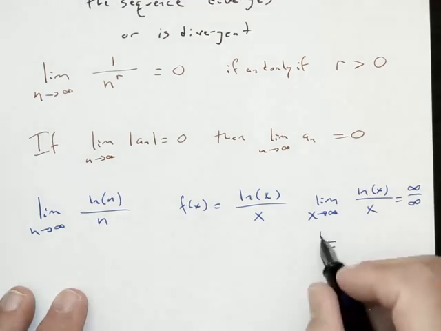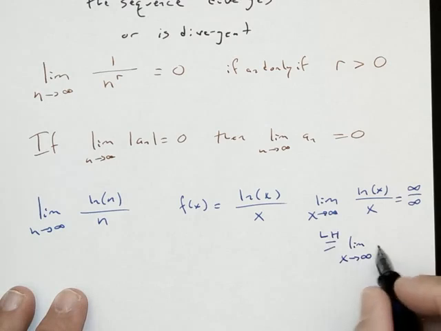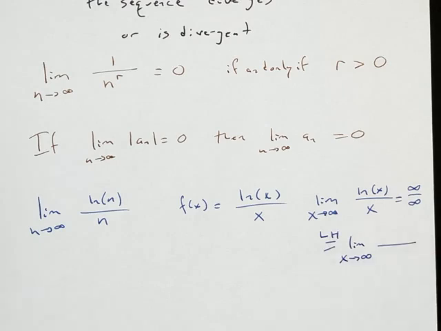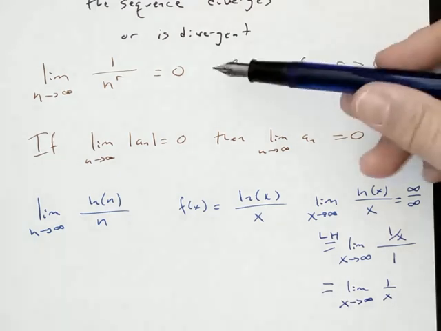Oh, okay, let's use L'Hopital's rule. What's the derivative of x? Yay! And the derivative of ln of x is 1 over x. 1 over x over 1 is the same as just 1 over x. Wait a minute, that's 1 over x to a power.